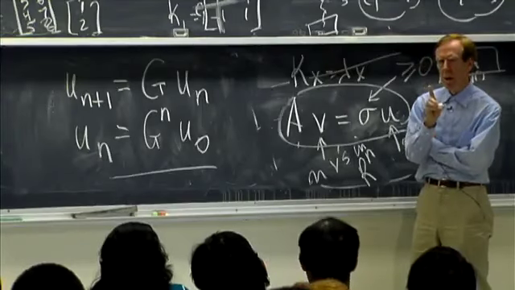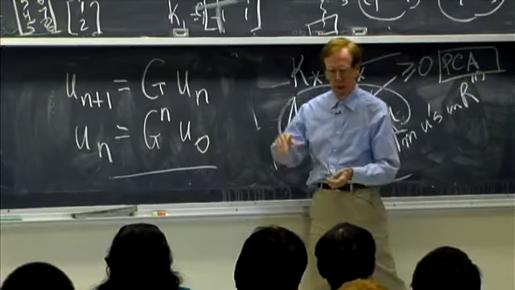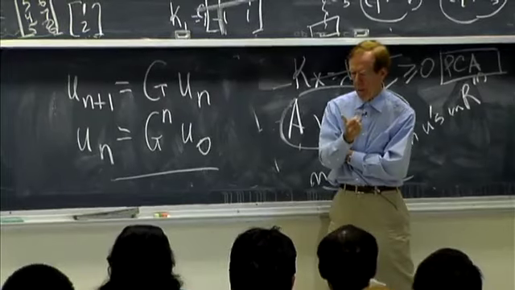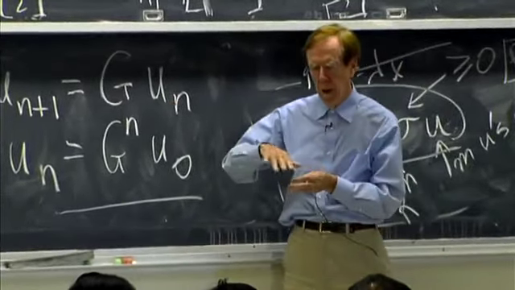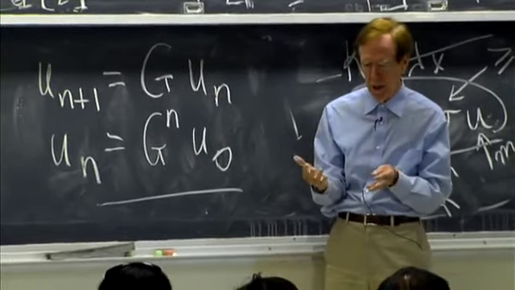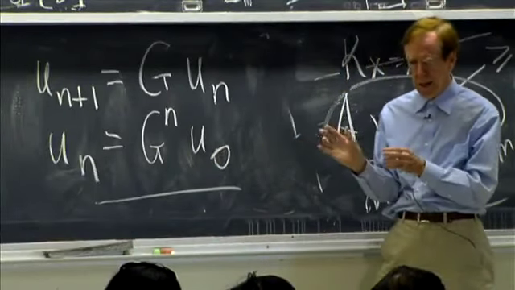Let's see. The stability question is whether the powers of G to the nth grow? And here's the point. The continuous problem that this came from has its own growth or decay or oscillation. The discrete one has its own.